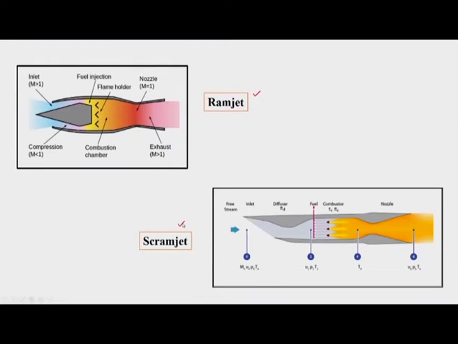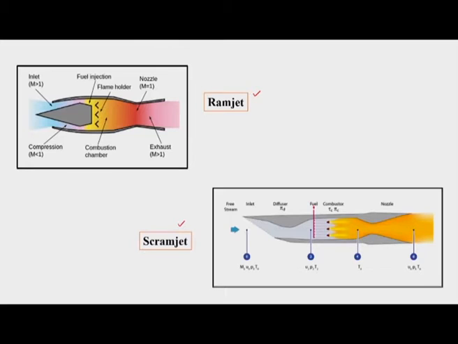We have seen the intakes for subsonic flows, or the intakes for engines which run with turbofan. But the new generation engines, which we talked about as ramjet and scramjet engines, have different types of intake.